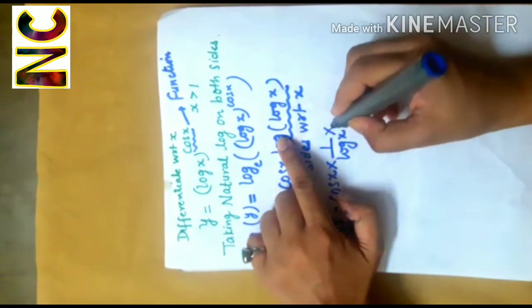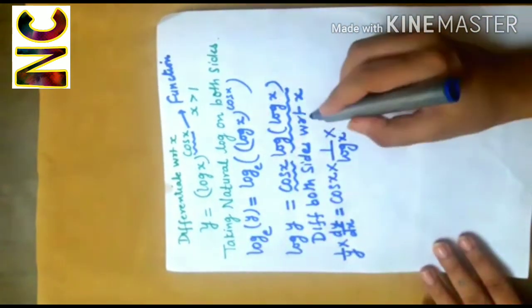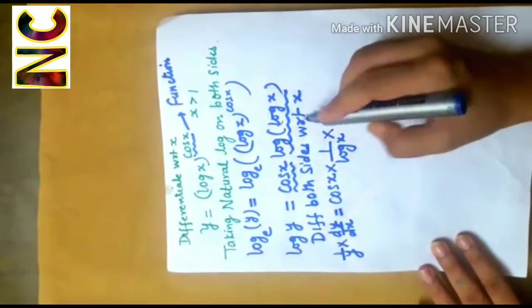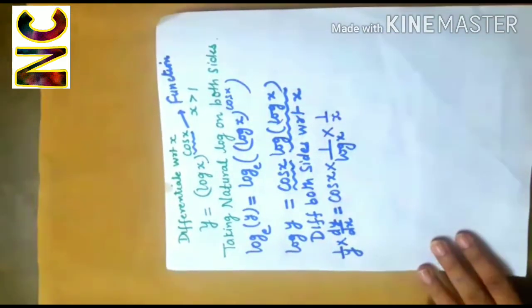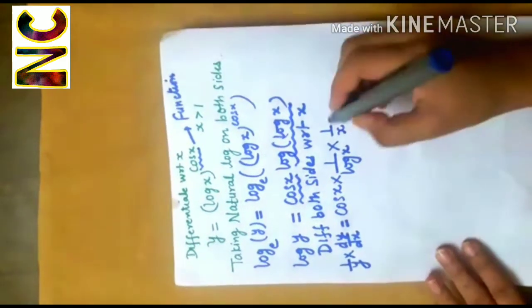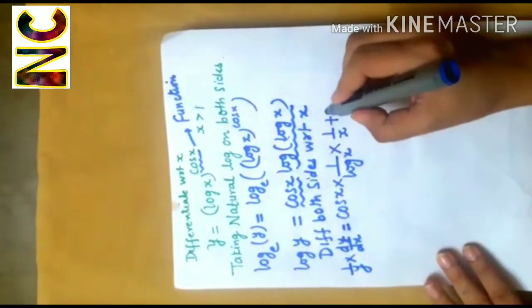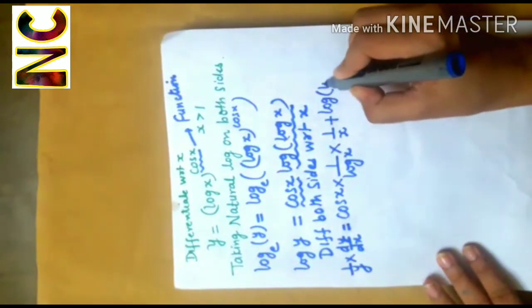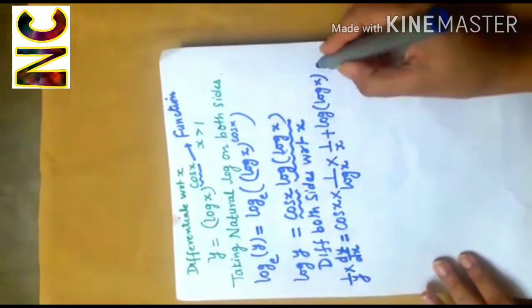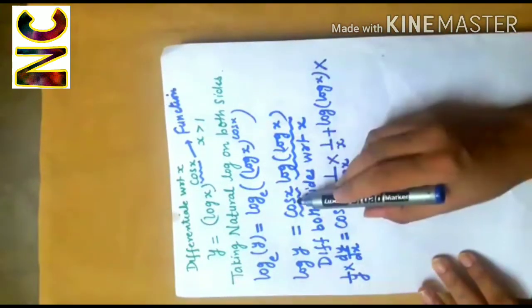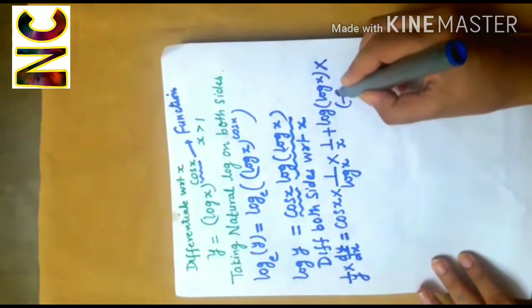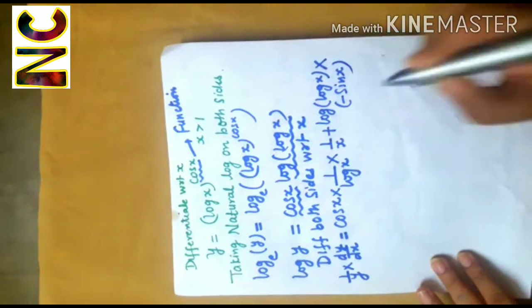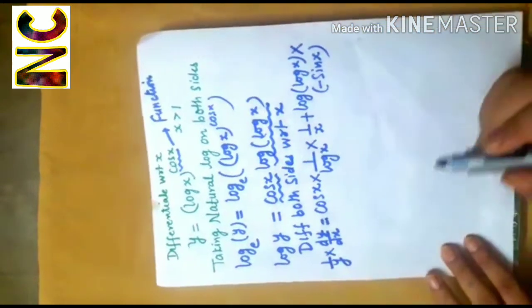Then by chain rule, the derivative of the inner function, that is the derivative of log x, which is 1 by x, plus the second function, that is log of log x, into the derivative of the first function, that is the derivative of cos x, which is minus sin x.